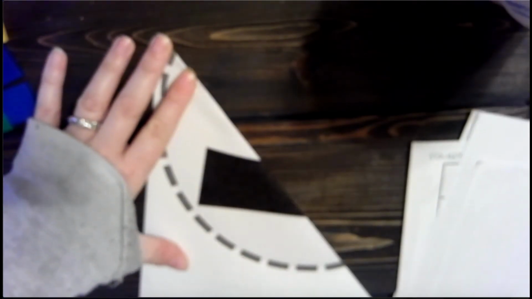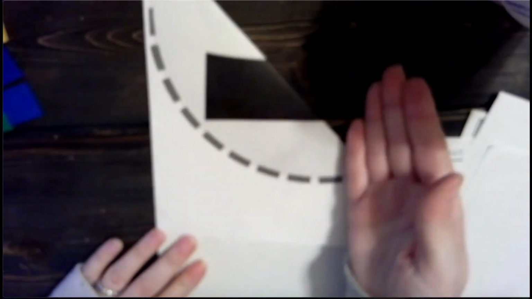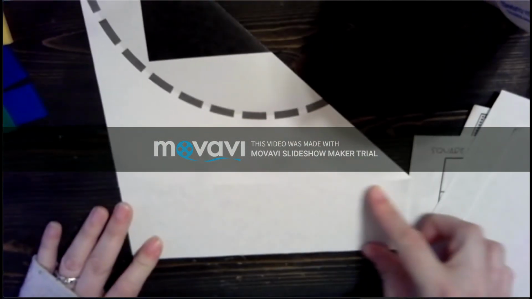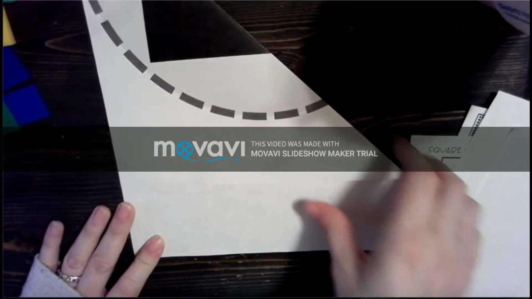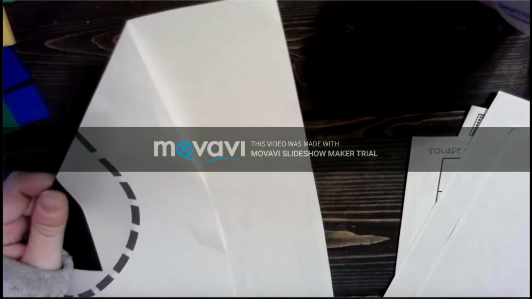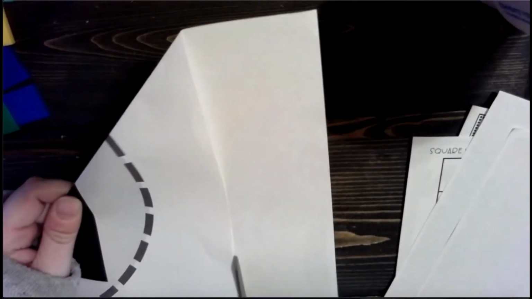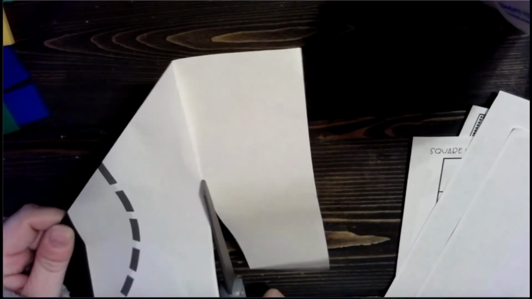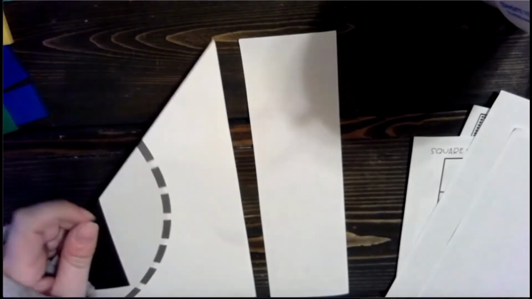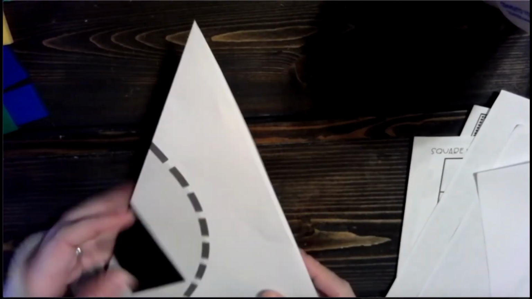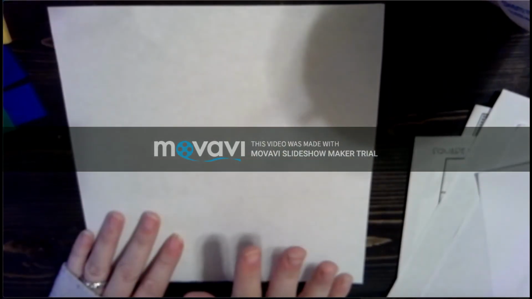You're going to crease it right here. So what I've done is I've just made this corner over here touch this side, and then I creased it. You're going to end up with a little piece of paper down here on the bottom. So what you're going to do there is just leave it folded and go ahead and cut that piece off. And once you open that back up, then guess what?